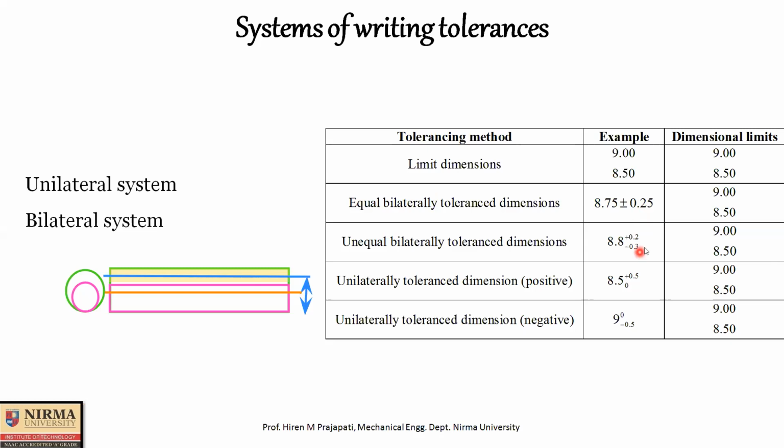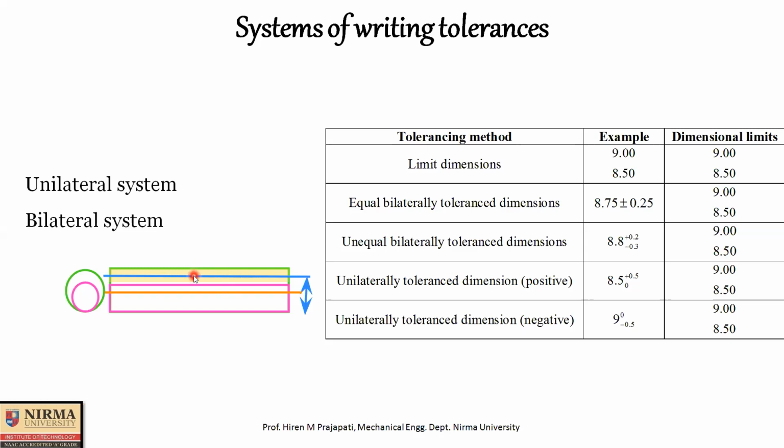That type of tolerancing is called an unequal bilateral tolerance dimension. Now the limits: 8.8 plus 0.2 gives 9 mm, the upper limit. 8.8 minus 0.3 gives 8.50, the lower limit. This is if you consider the blue line as your basic size line.